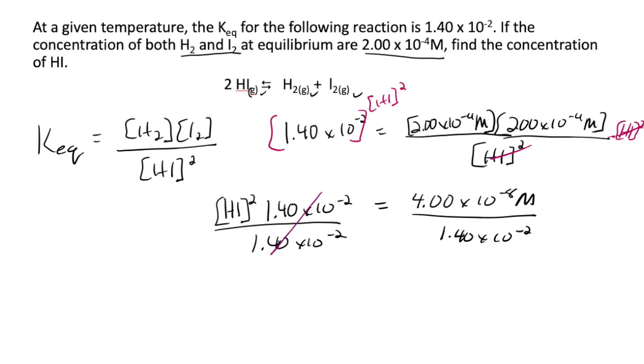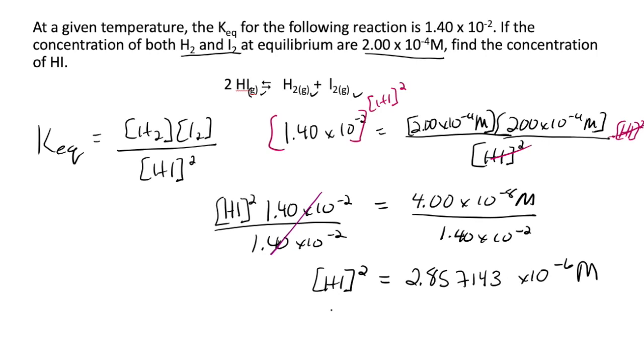On this side, it would cancel out, leaving just my HI squared equals 2.85714 times 10 to the negative 6. I wrote more numbers here to give us a better estimation when we're rounding, and that would be molar.